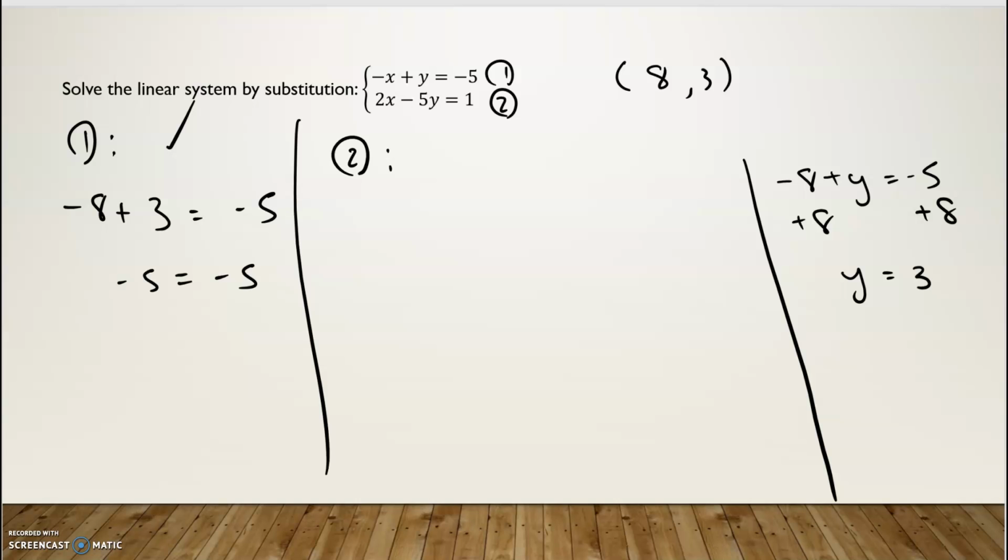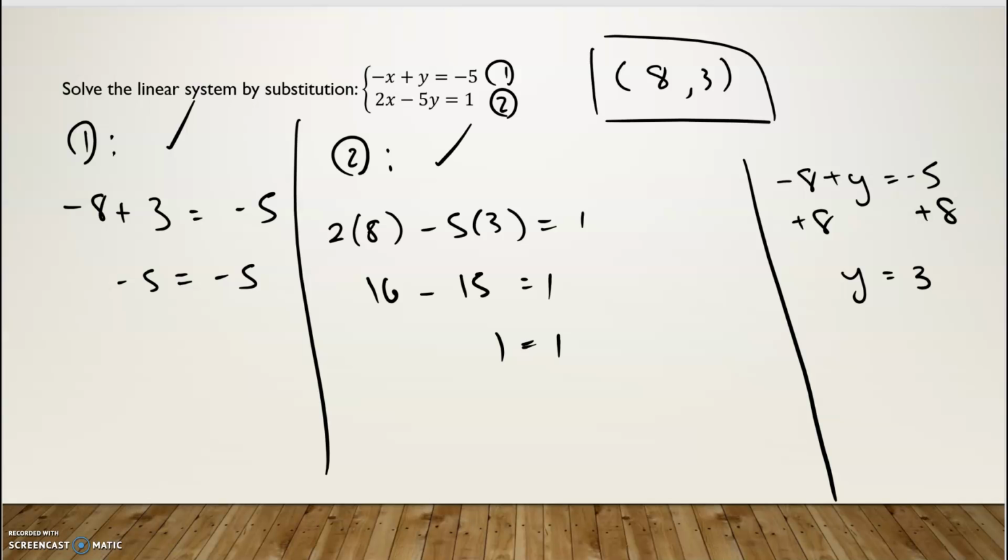Okay, and then equation 2, 2 times 8 minus 5 times 3 is equal to 1. So this is 24. I'm sorry, that's 16. This will be 15. So 1 is equal to 1. Okay, so yes, this is the solution for this linear system.